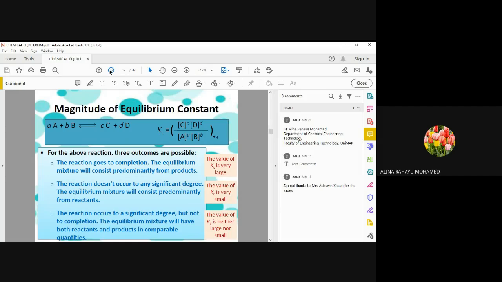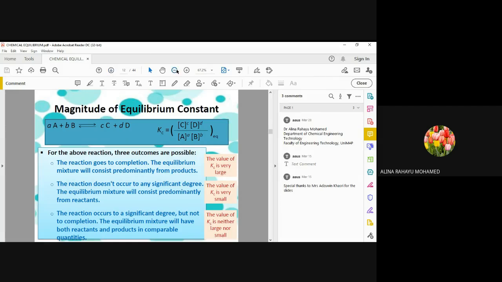If we have a Kc or Keq which is very small, the reaction does not occur to any significant degree, and predominantly the reactants exist in the mixture.